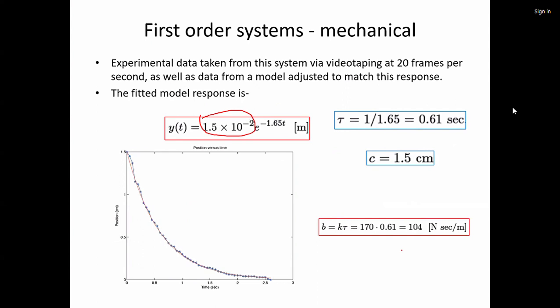We didn't take it from the equation. All you get from the equation is whatever is given. Let's say your tau is given in this case, so you get 1 over tau here. And if you take the C here, that is also given here. And if the K is given, you can find B. Okay, so these are all taken as examples. Okay, sir. Thank you.